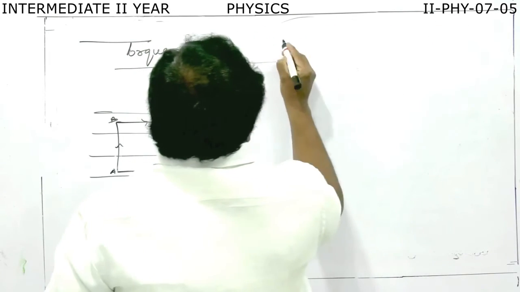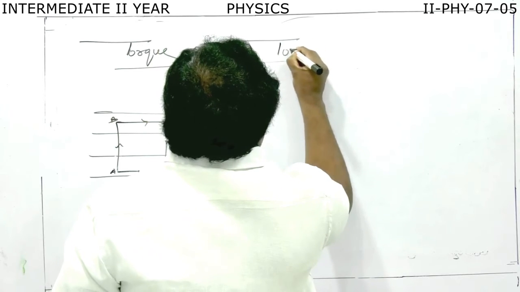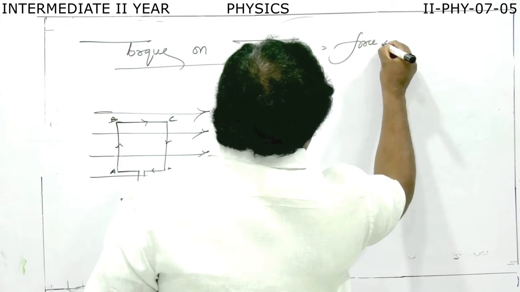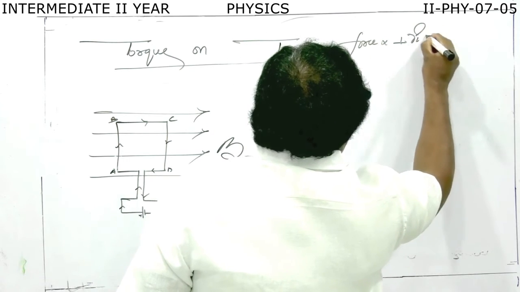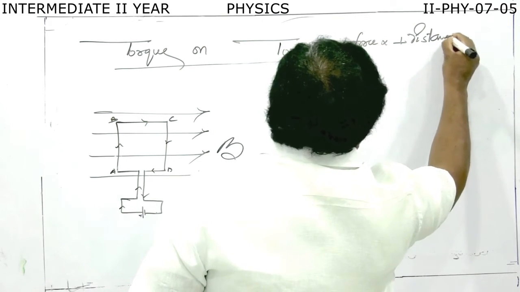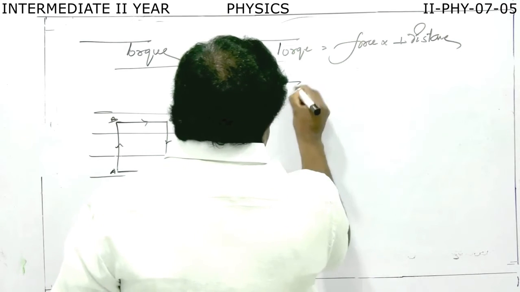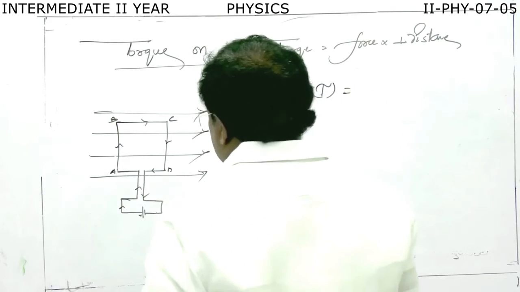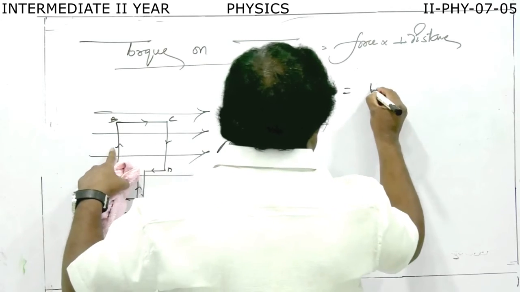Torque on the coil is force into perpendicular distance. Here two forces. This is F1.